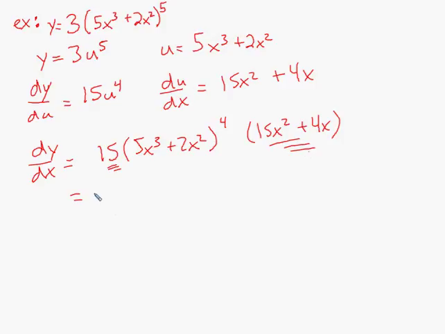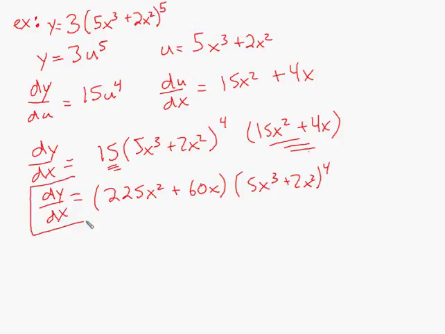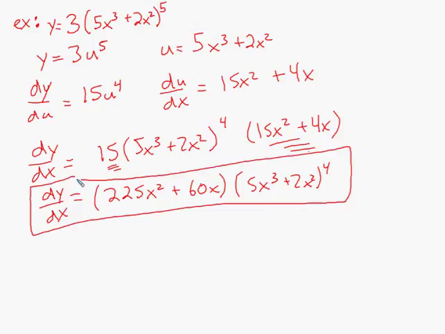So 15 times 15 is what? 225. So we have 225x squared plus 60x times 5x cubed plus 2x squared to the 4th. We won't expand that, but any multiplication that we can do rather quickly, we'll go ahead and do. So that is our derivative.